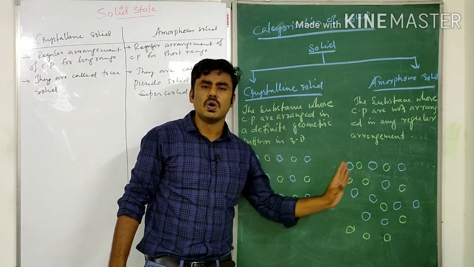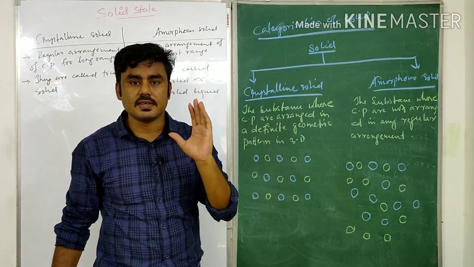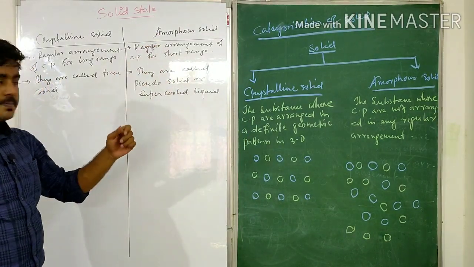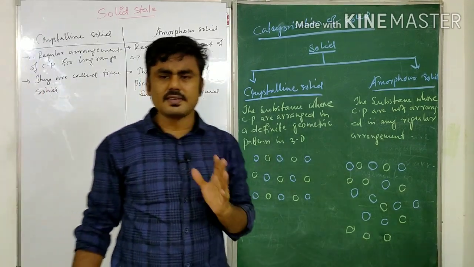They are pseudo. Pseudo means not true. Or to be more precise, we can say they are not all fact solids, and they are also called supercooled liquids. Why called supercooled liquids? I am taking a good example.